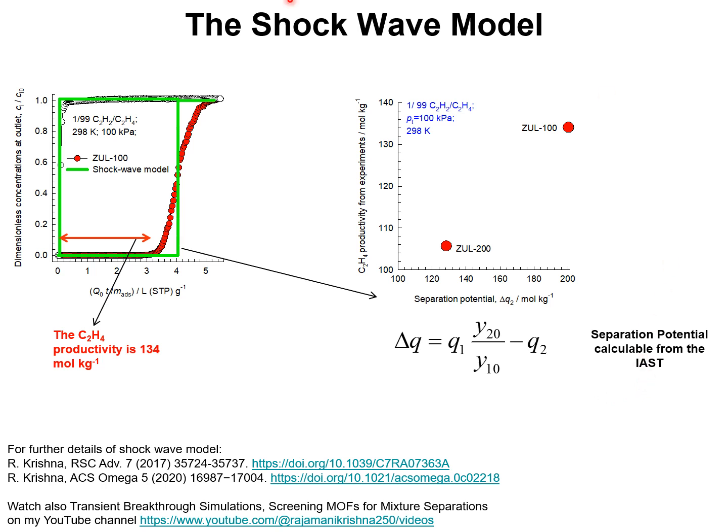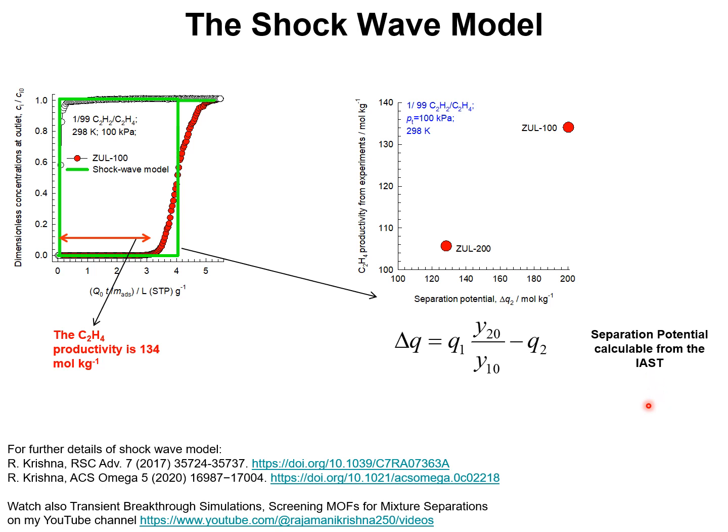So the message to emerge from these discussions is, firstly, when comparing breakthrough experiments, we need to use a modified time parameter, as explained in the earlier slide. And for ranking MOFs, we can use experimental breakthroughs, of course, but we may also rank and evaluate MOFs using the separation potential calculations from use of the IAST.